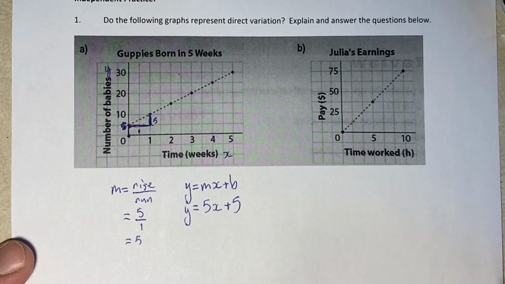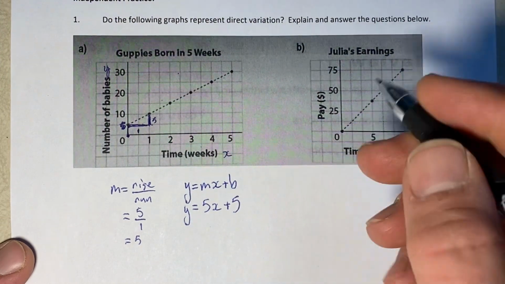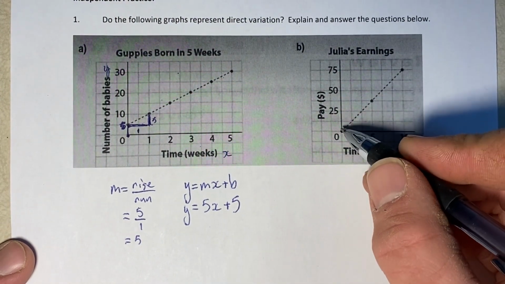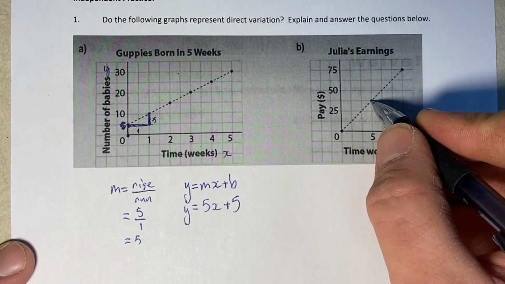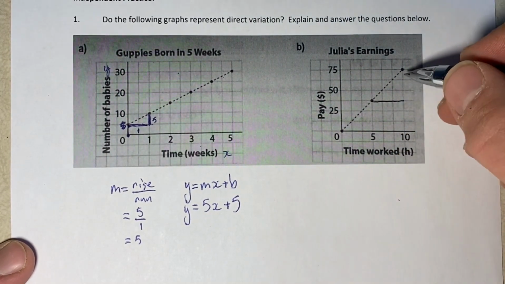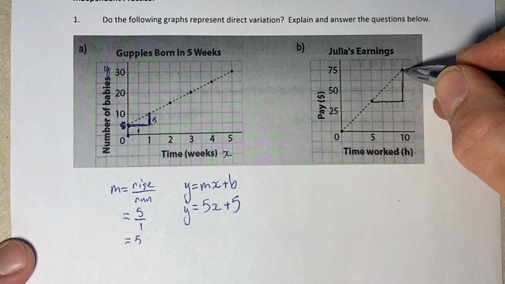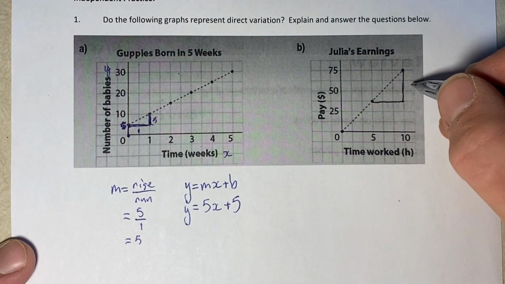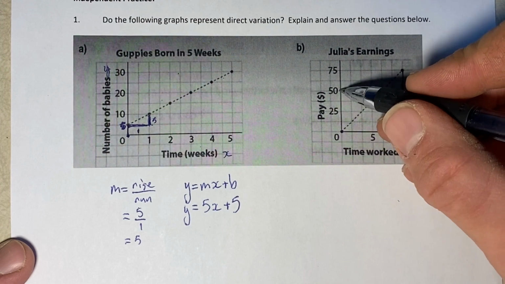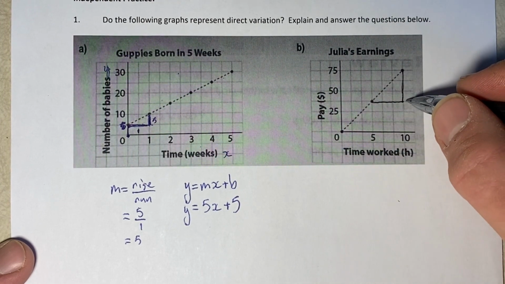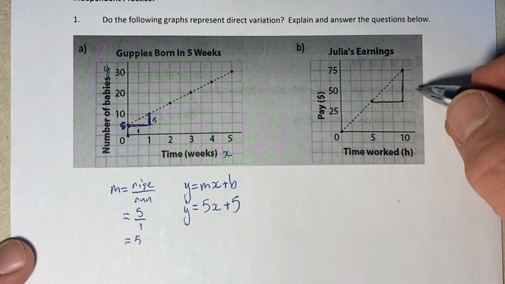Let's take a look at doing that for Julia's earnings. Julia's earnings has 2 nice points indicated here, and it's a pretty simple triangle to draw. I'm going to draw the second triangle so that you can see the horizontal and the vertical. Vertical is our rise, and our rise in this case goes from halfway between 25 and 50, so that's 37.5, to 75.